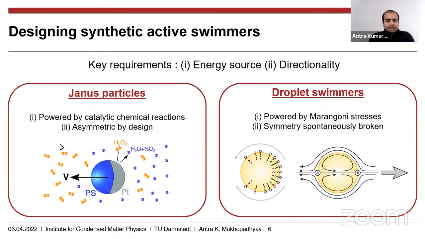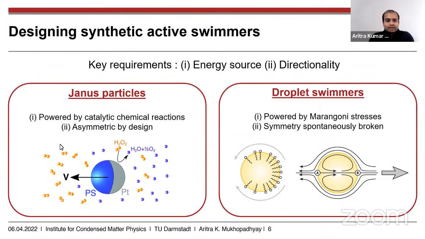The first one is a Janus particle or a Janus swimmer, which has different chemical coatings on the two hemispheres. This leads to different chemical reactions when it is immersed in a particular kind of solvent. Due to the chemical reactions occurring on the two different sides, this acts as a fuel, and the particle can move along a certain direction.